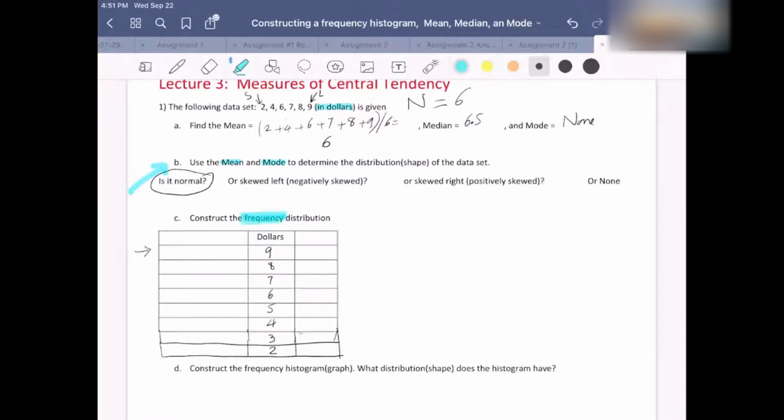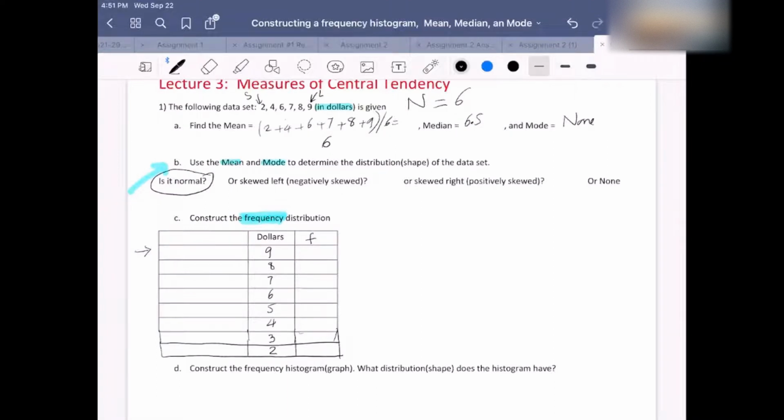What do we need there, everyone? Yes, so when they ask you to construct a frequency distribution, you need to know the frequencies as well, okay? So we don't know the frequencies yet, but we can find them. You can put the frequency in the next column here.